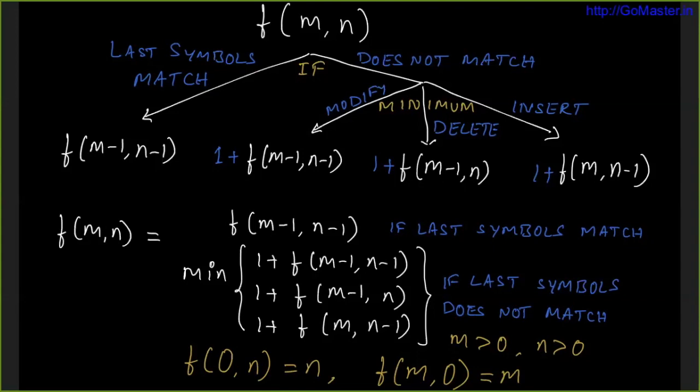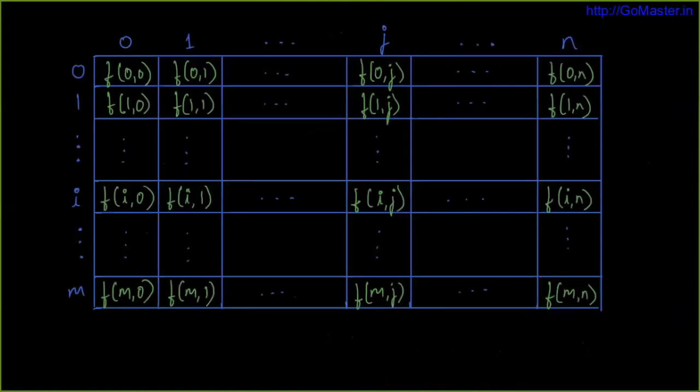So how do we do that? We can use a simple table like this, for all of the possible instances of f of m comma n. We have seen that it goes from 0 comma 0 to m comma n, so there are m plus 1 cross n plus 1 entries in this table, and each of them is an instance of the function f.